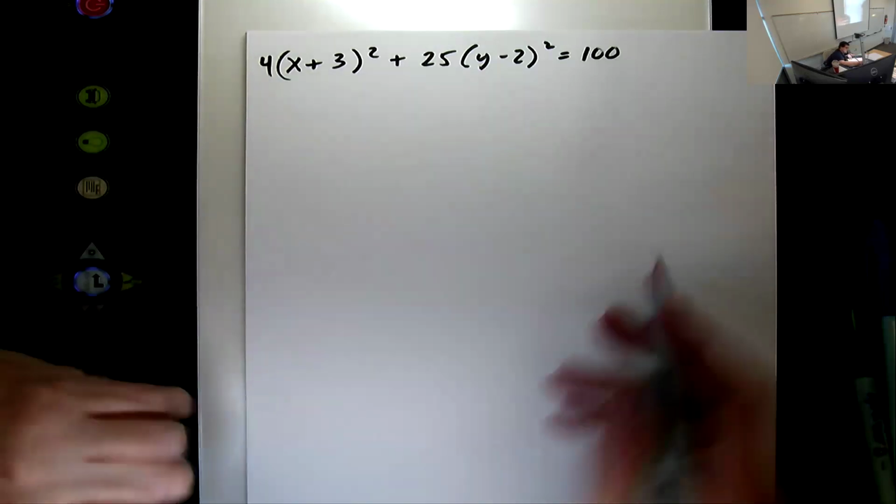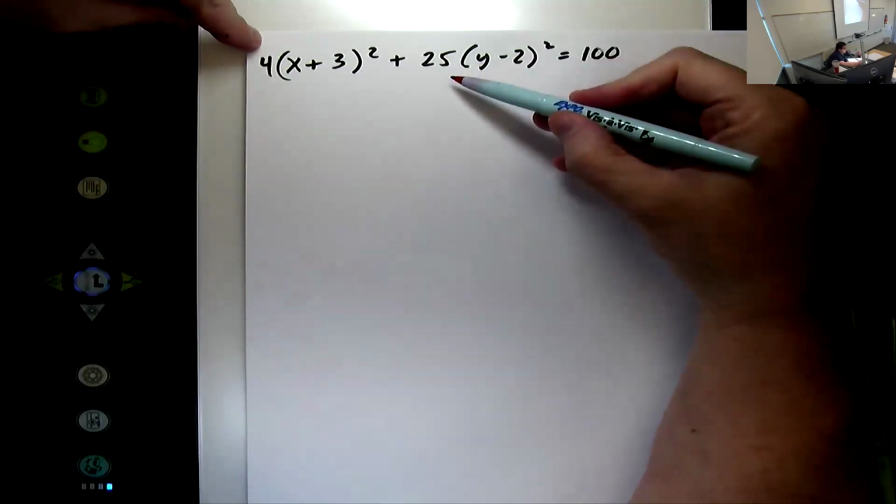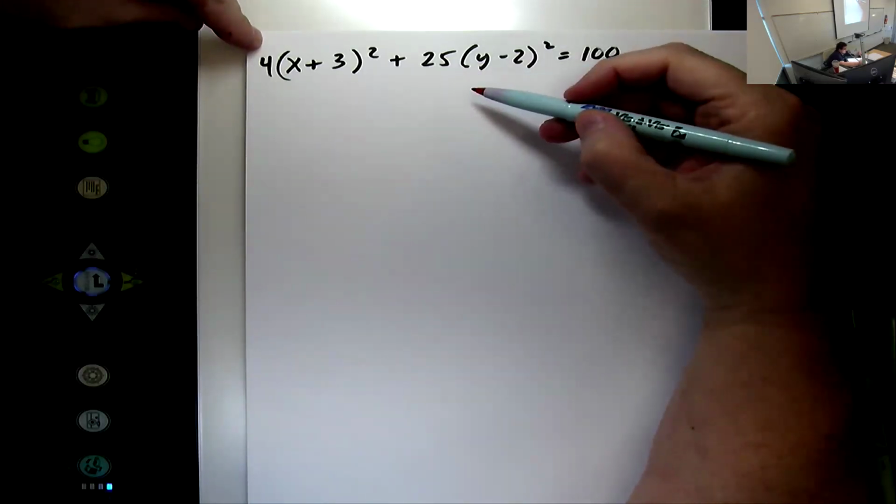Now, working with ellipses, notice we have different numbers in front of the x's and y's. So that's a red flag that this is not gonna be a circle.